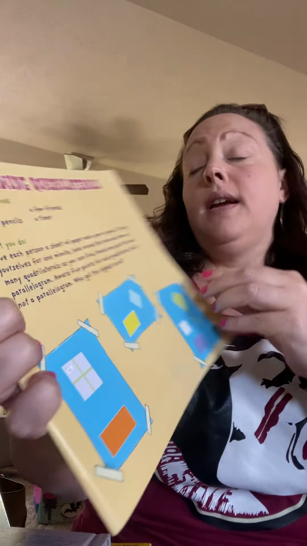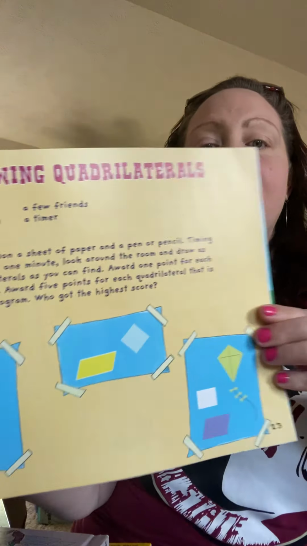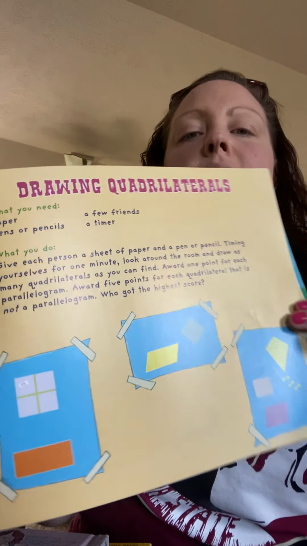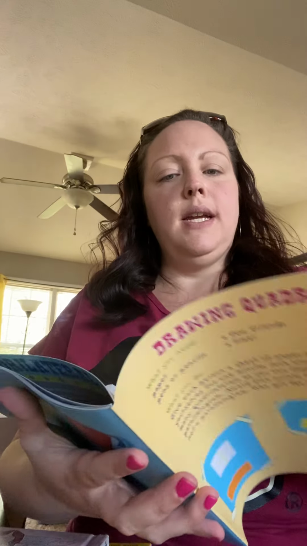Timing yourselves for 1 minute, look around the room and draw as many quadrilaterals as you can find. Award 1 point for each parallelogram. Award 5 points for each quadrilateral that is not a parallelogram. Who got the highest score? That's a cool thing that you guys could do together as a family while we're in quarantine.